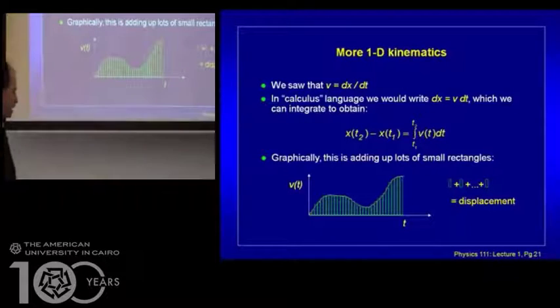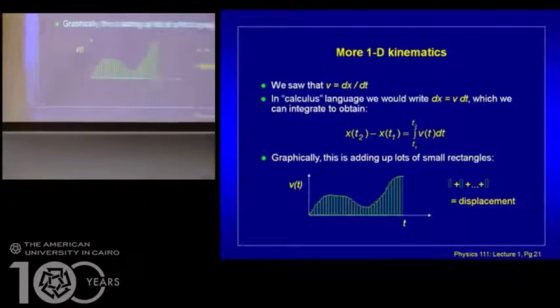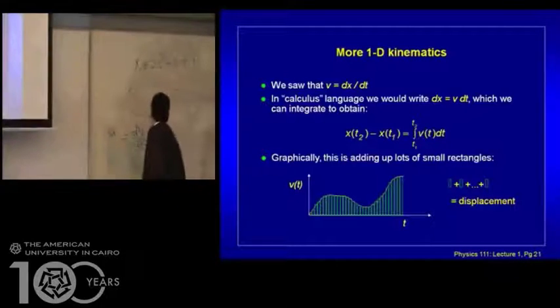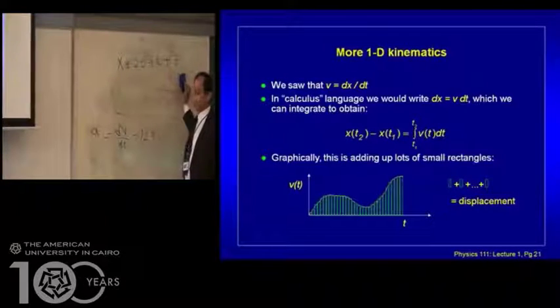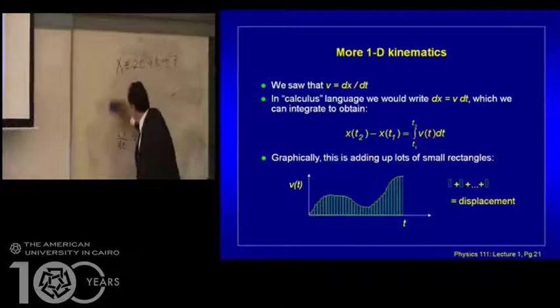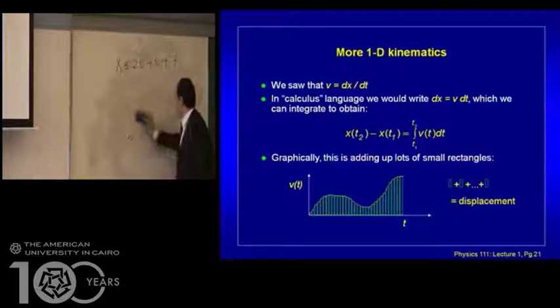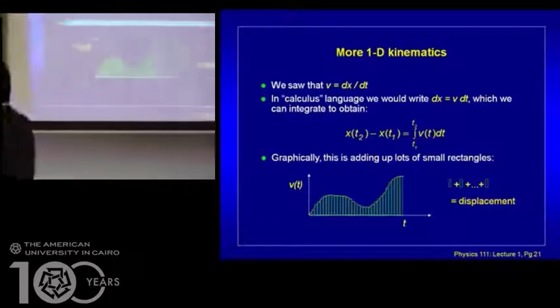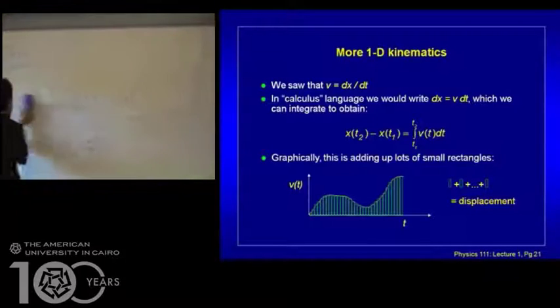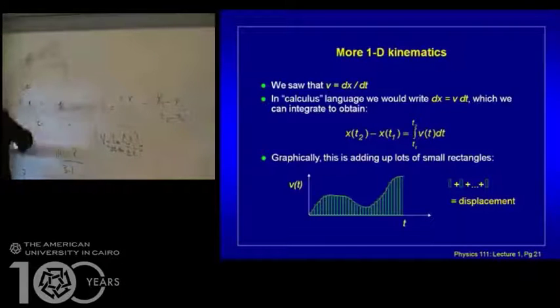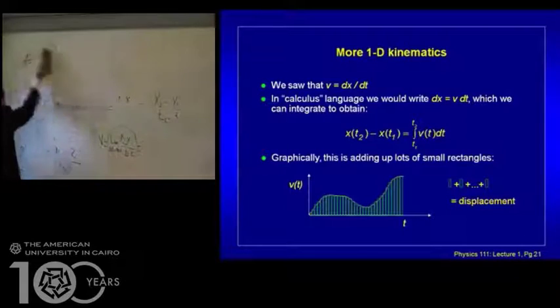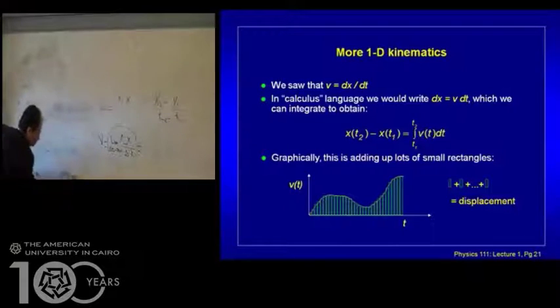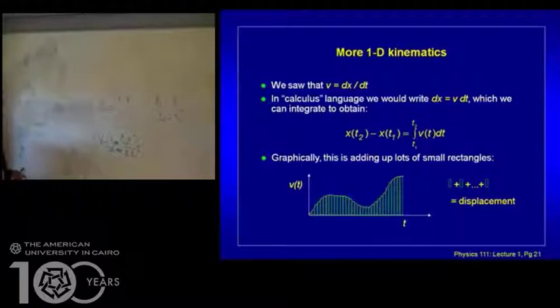I'll go back to the board before we continue here. Do you remember the function? I'll keep it in here and I will erase all of that. And yes, that's dv by dt.